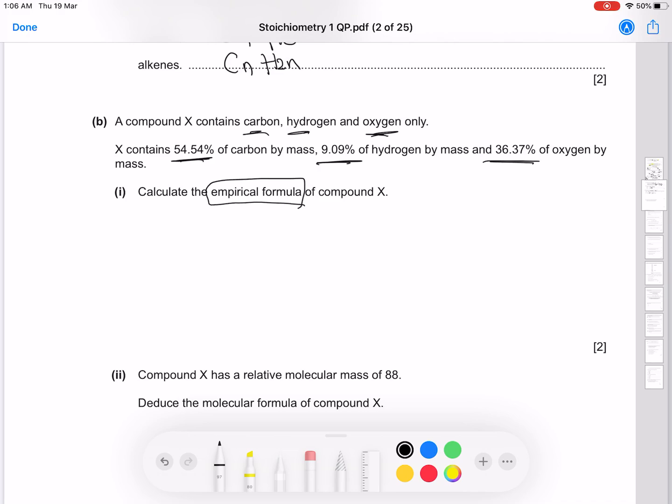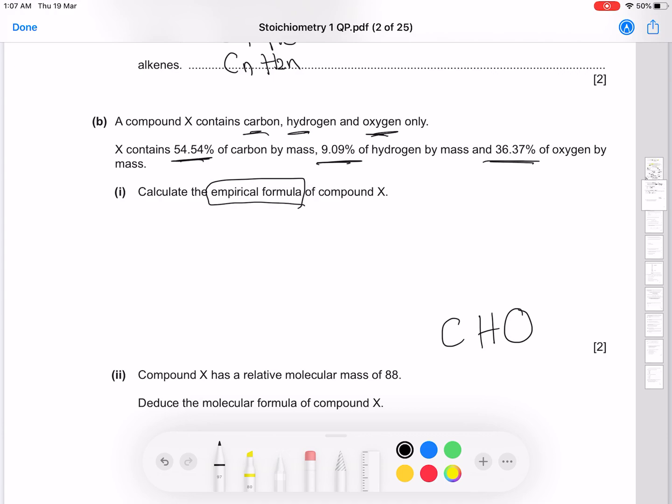Just to remind you what the empirical formula is, it just gives you the ratio between the elements forming a specific compound. So the elements that are forming this organic compound are carbon, hydrogen, and oxygen. I simply need to find out the ratio between them, but this doesn't mean that this is the true molecular formula. It just represents the ratio between the elements forming this particular compound.